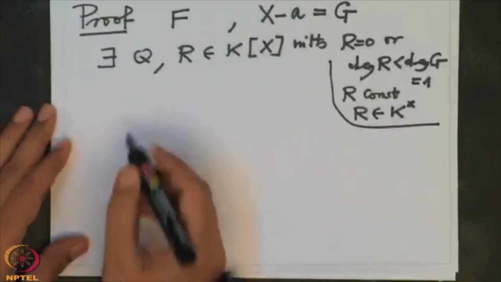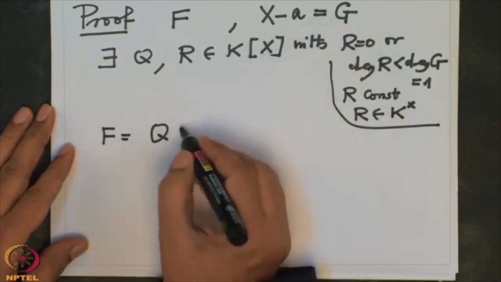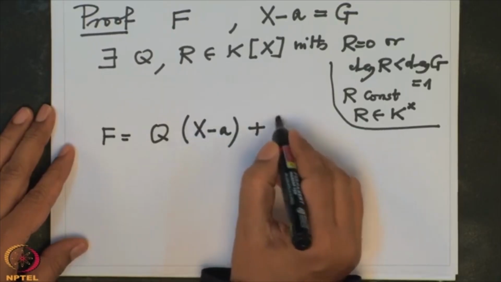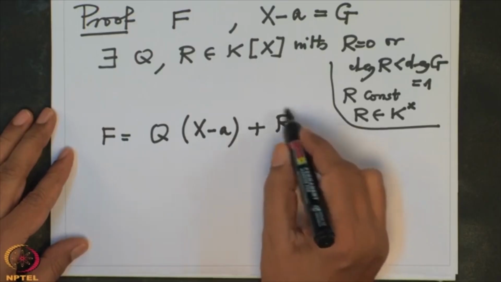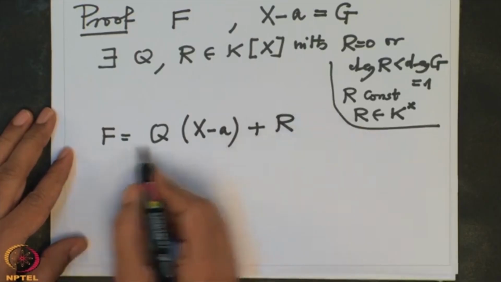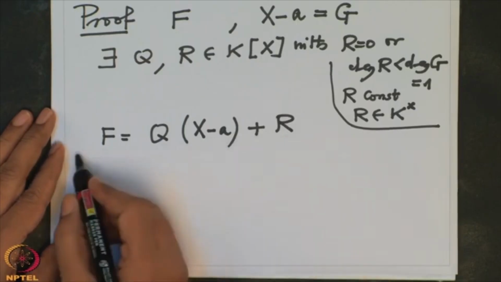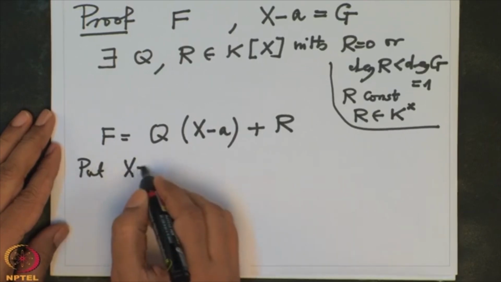So that is information. So we have written f as q times g. I will write x minus a plus r. But now I want to find what is r. Now in this equation, this is an equation about polynomials, and I am going to put x equal to a.